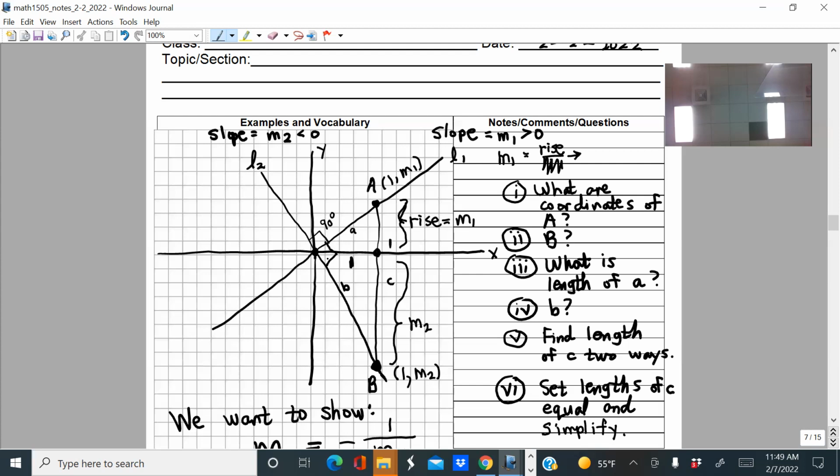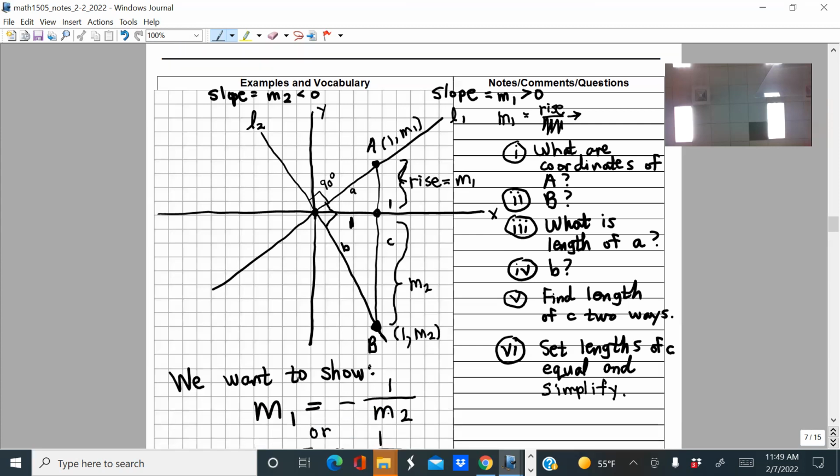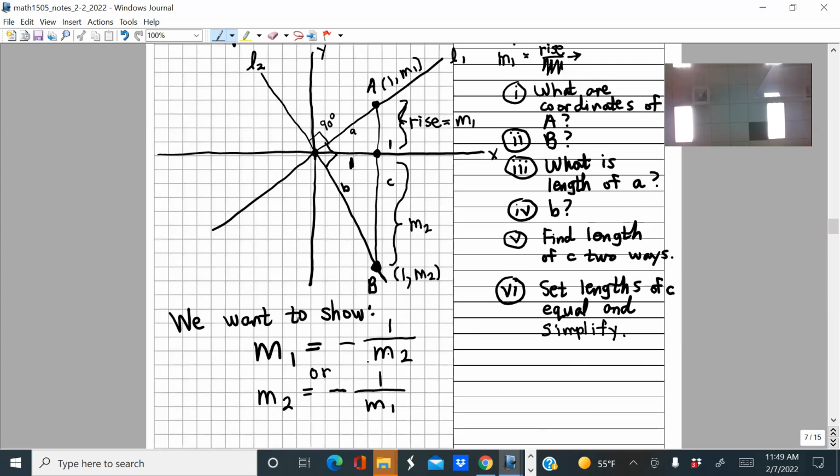So what's the length of A? What's the length of B? Just use the distance formula to find the distance from this point to the origin. All right, so write those down for me. You won't be able to completely simplify what you get, because you're going to get an expression, but just write down what you get.